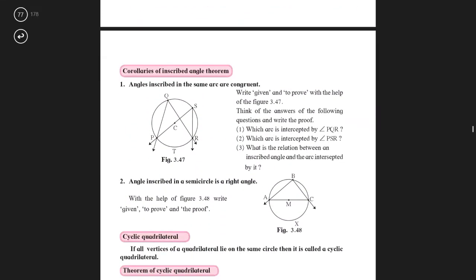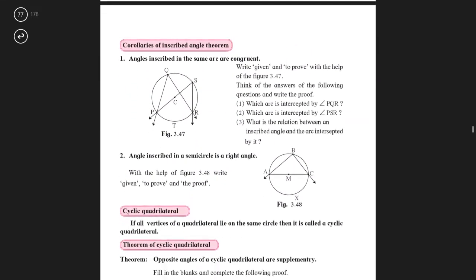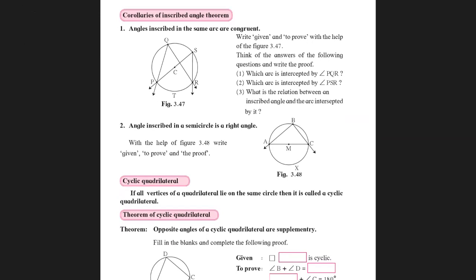Now there are certain corollaries, that is what you infer from this theorem. That is meant by a corollary. The first one: angles inscribed in the same arc are congruent. What it means is, if you have more than one angle subtended by the same arc, all those angles will be congruent. For example, you have a circle here, figure 3.47.